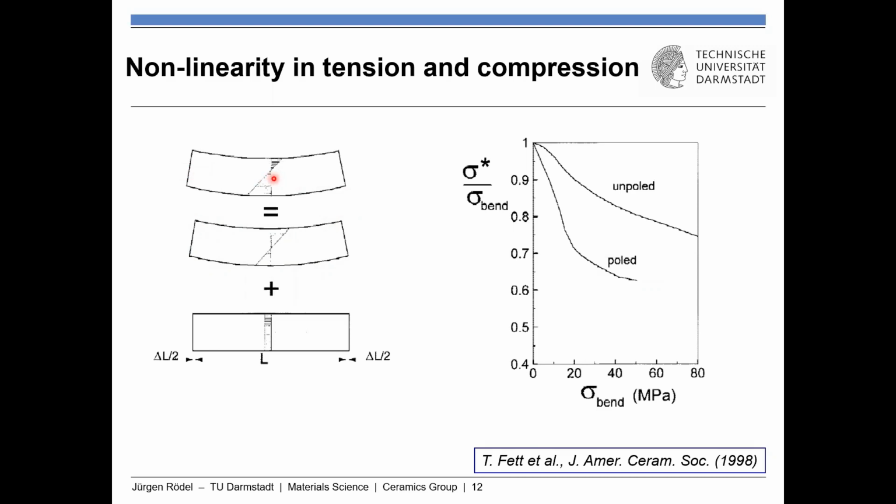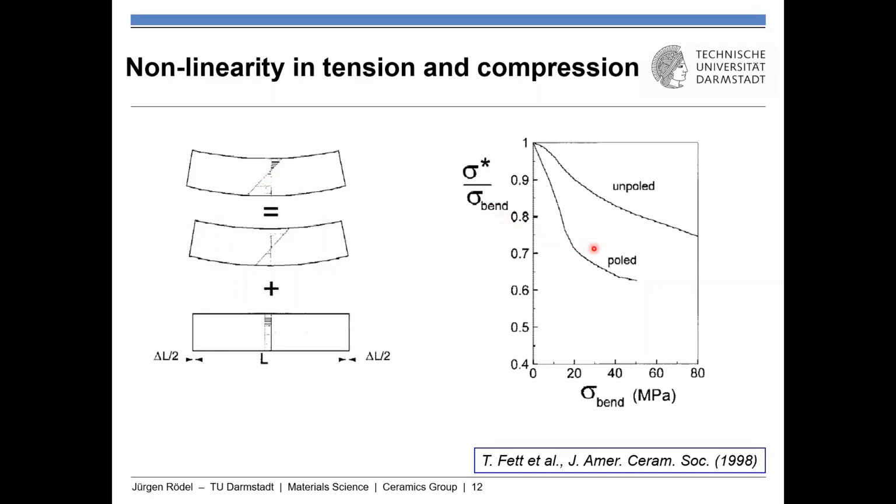That's quite screwy because that means there is a usual linear elastic bend bar plus there's a plastic strain due to domain switching. So when you think you have calculated the tensile bending stress, in reality for unpoled or poled it is considerably lower.